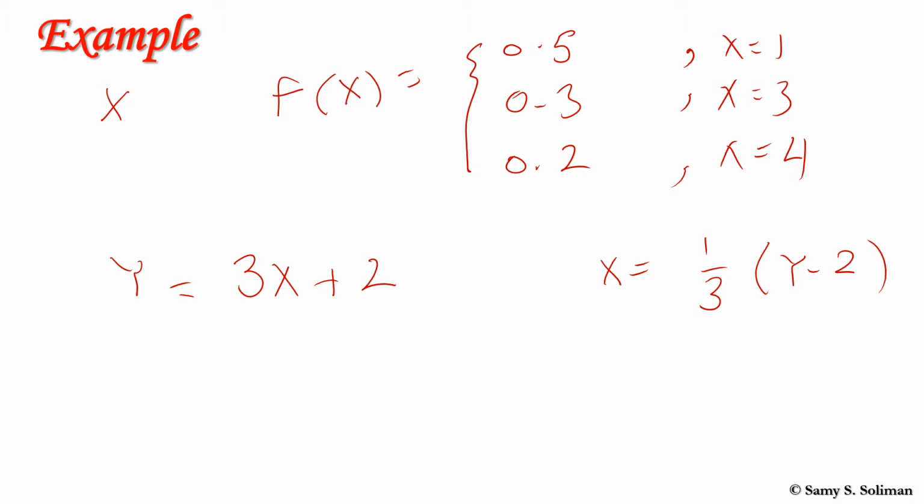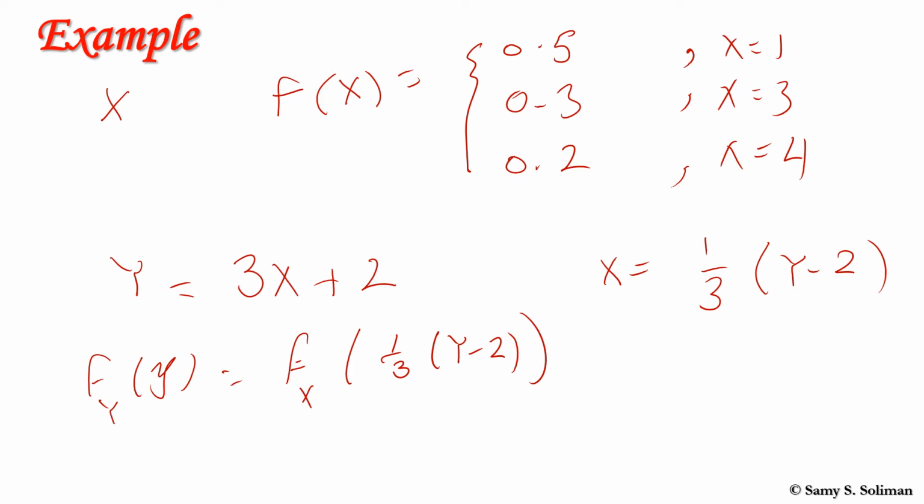So in order to get the PMF of y, f sub y at a certain value y is equal to the PMF of x at the corresponding value of x, that is 1 over 3 of y minus 2.